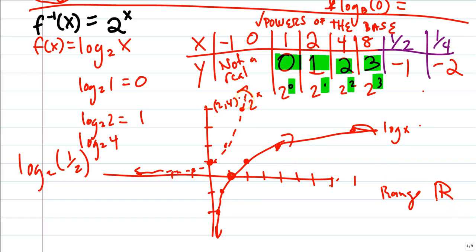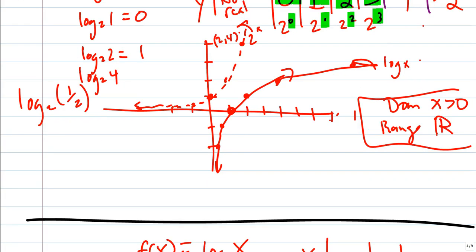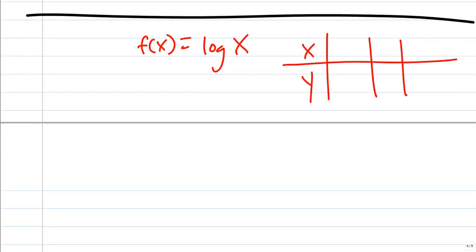On the 2 to the x, the range was y greater than 0. Over here, the domain will be that x is greater than 0. What happens is the domain and the range flip. Anyway, we'll do another example of this just to help understand.